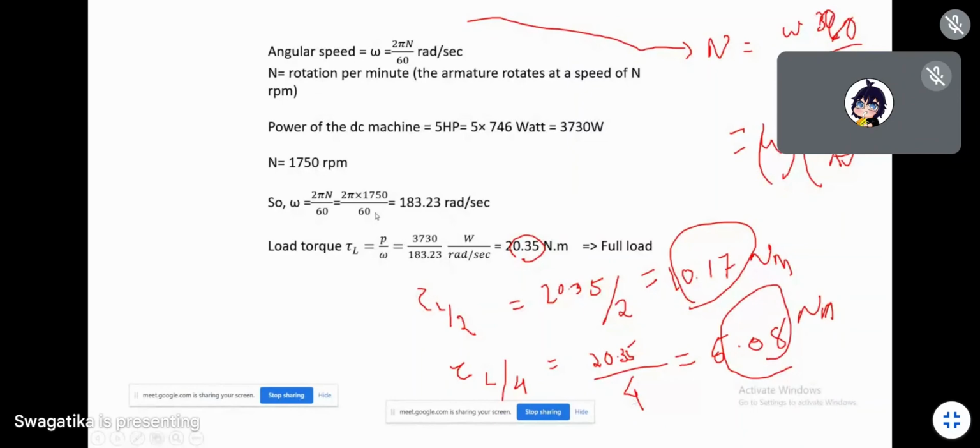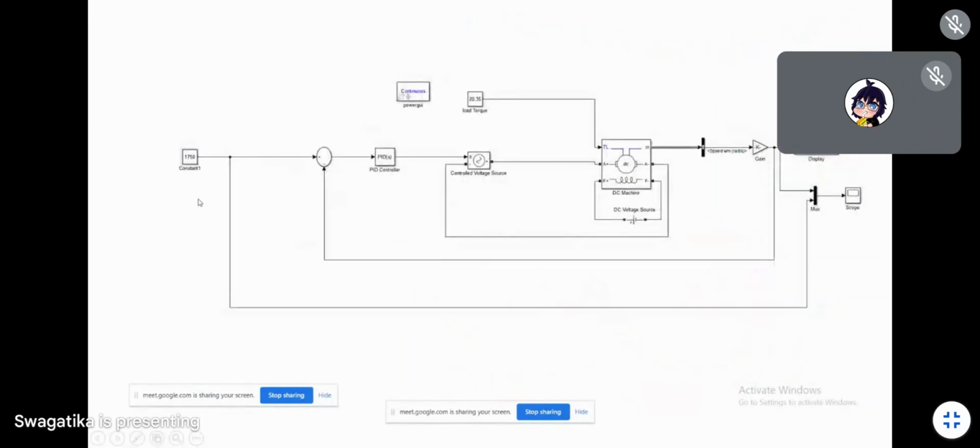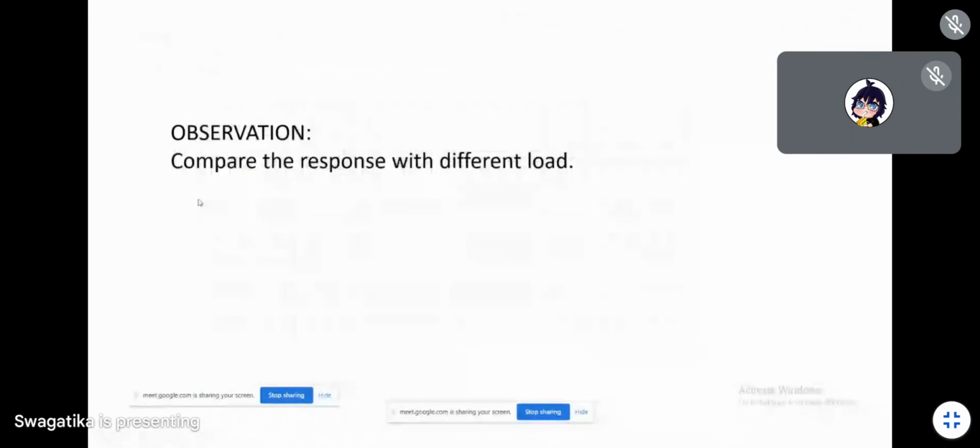So what you have to observe is you have to compare the response with different load. Okay, that is your observation.